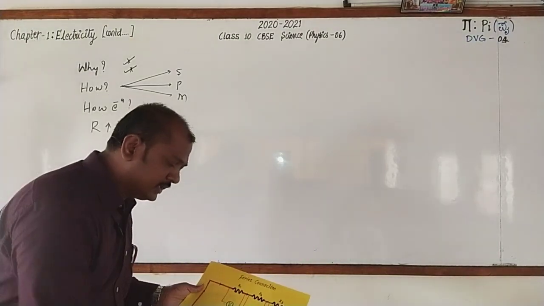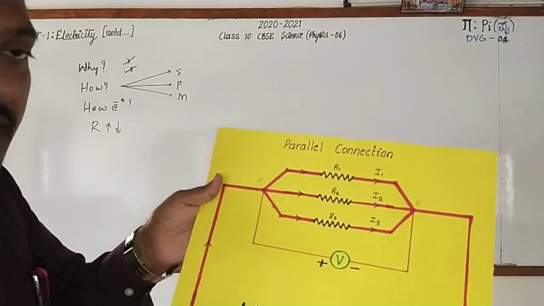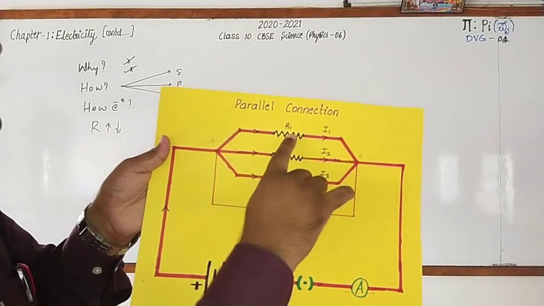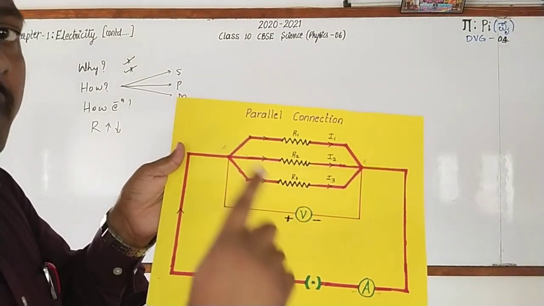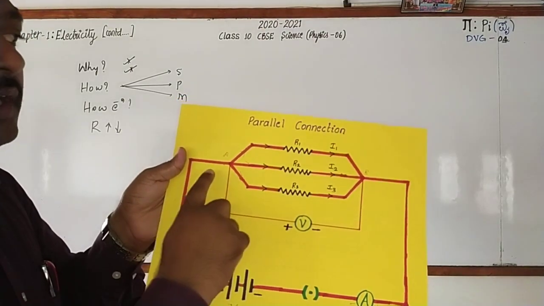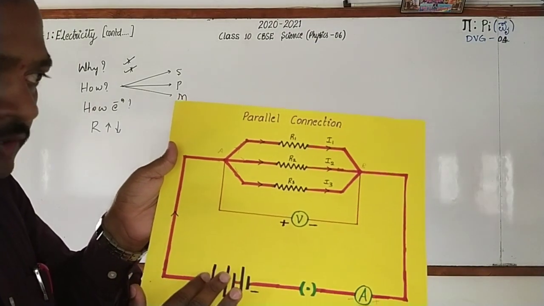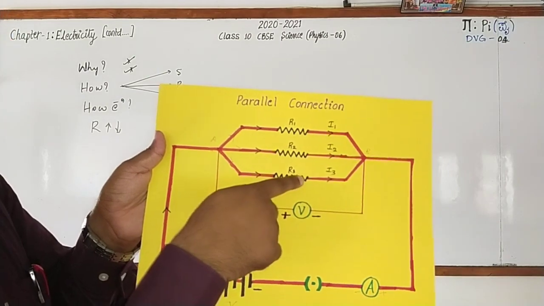Clear? Next, when the resistors are connected in parallel, the effective or equivalent resistance can be written as 1 by Rp equal to 1 by R1 plus 1 by R2 plus 1 by R3. Here, once the electric current is constituted in the entire circuit, this current will be distributed to all three resistors.